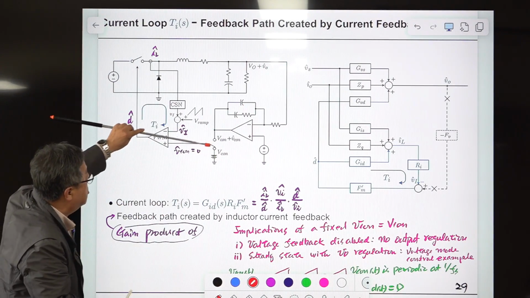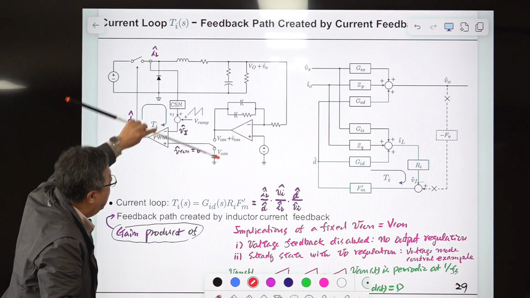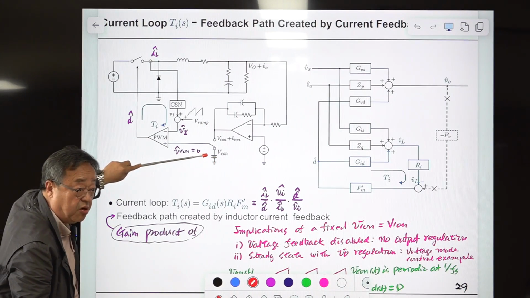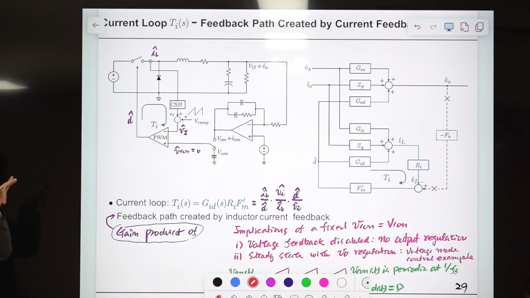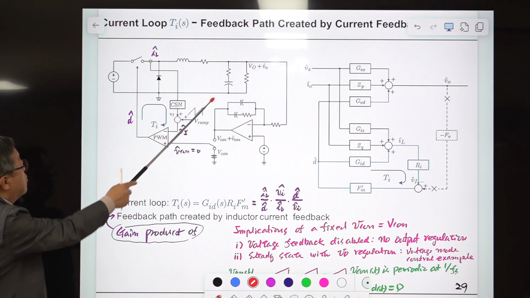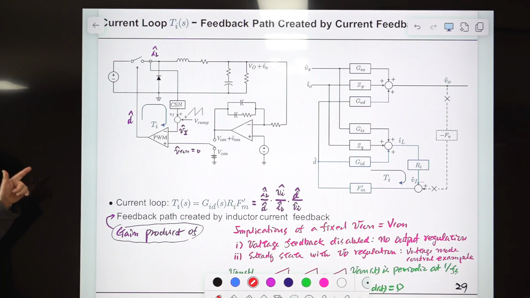If this switch is here, and this constant DC voltage is connected here, then this control voltage is fixed at DC. In terms of the AC signal, it is 0. So this is the current loop as defined in this situation.